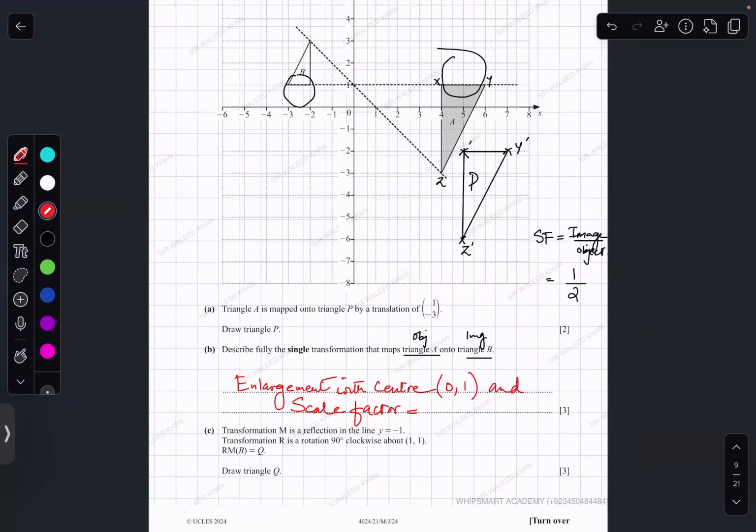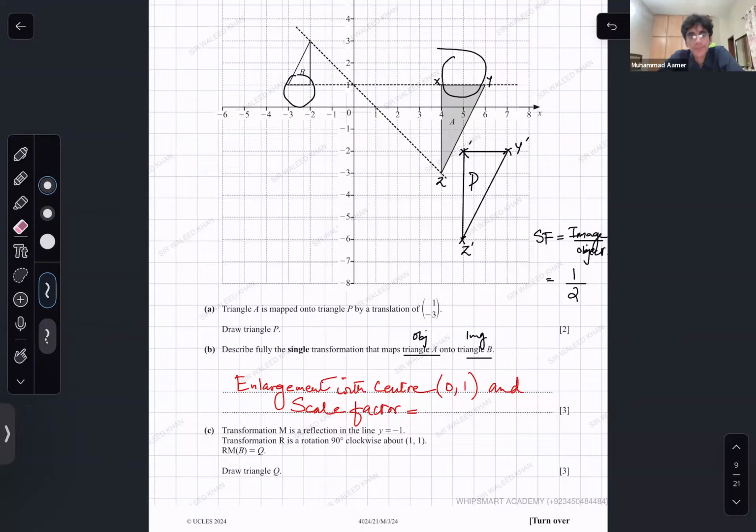Yes, Shimon? Rafi? Is it between the object and the image? Mohammed Amir? Is the center of enlargement between the object and the image?